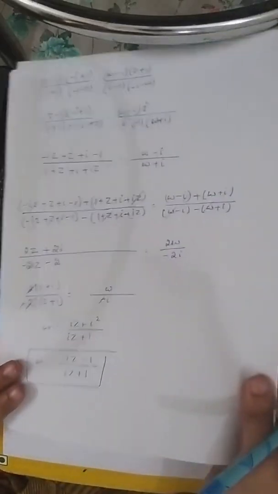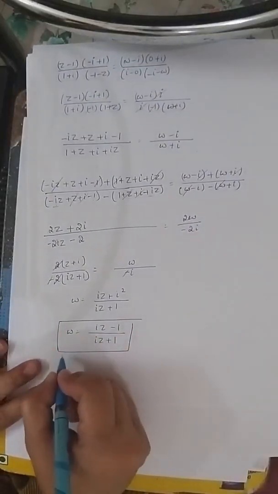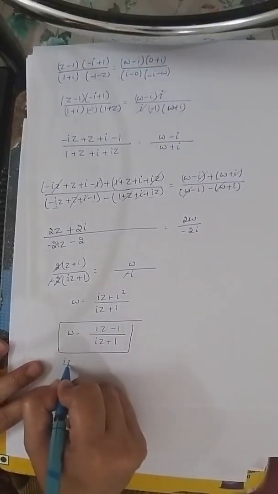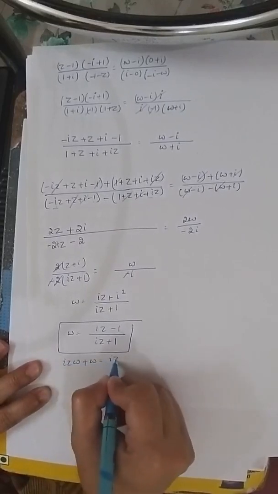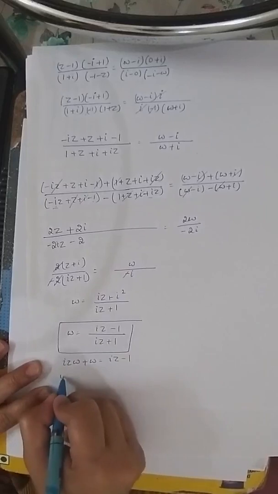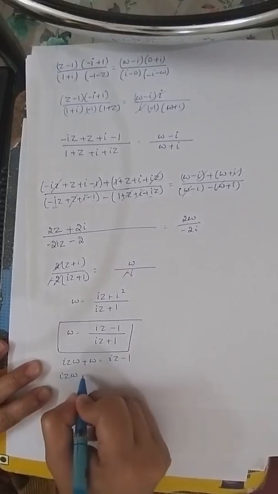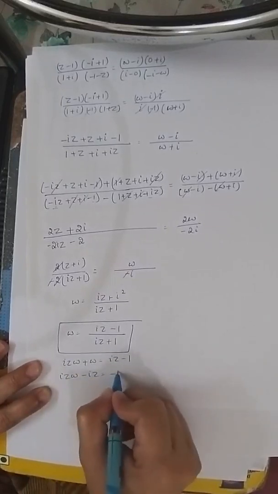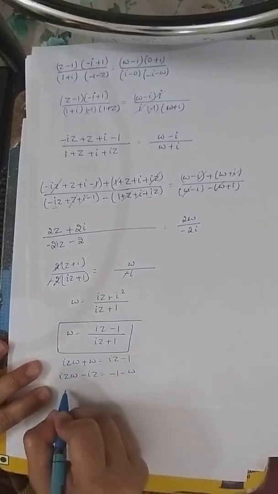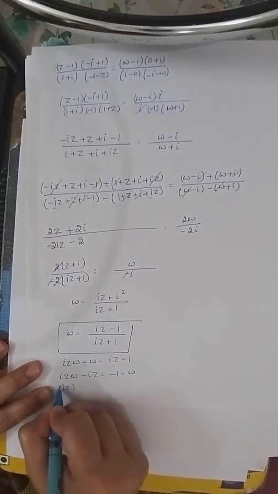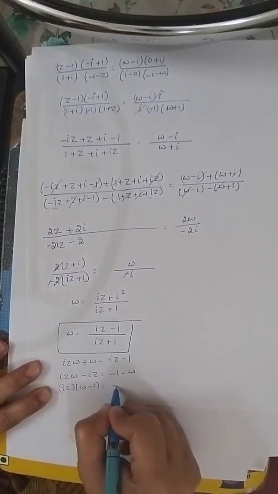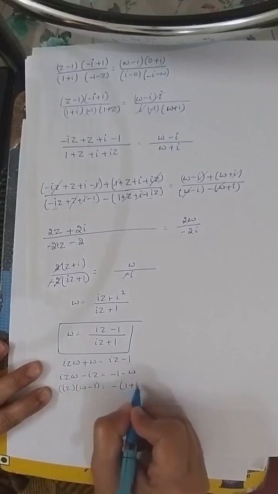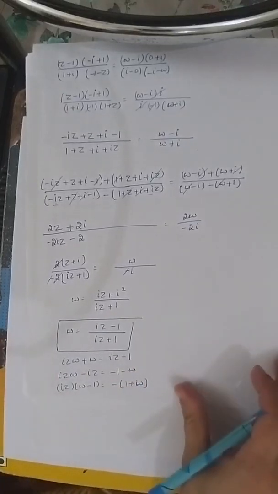Or you can find the value of z from here. For that I get iota zw plus w equal to iota z minus 1. That is iota zw minus iota z equal to minus 1 minus w, or iota z common, w minus 1 equal to minus 1 common 1 plus w.